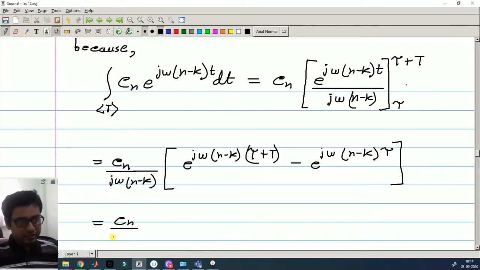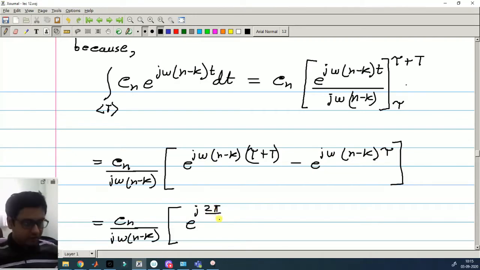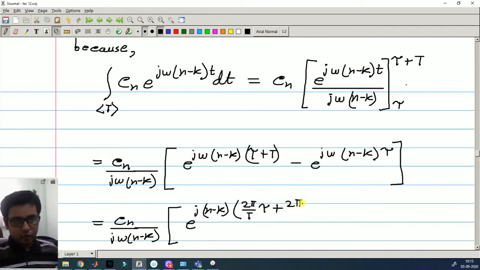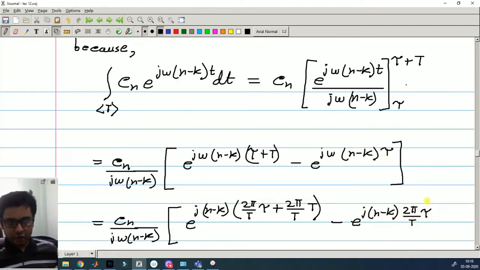Or I can also write, by replacing omega with 2 pi over T, let me write n minus k first, and then 2 pi over T multiplied with tau plus T. That's the first term, and minus e to the power j, let me write n minus k first, and then in place of omega put 2 pi by T multiplied with tau.